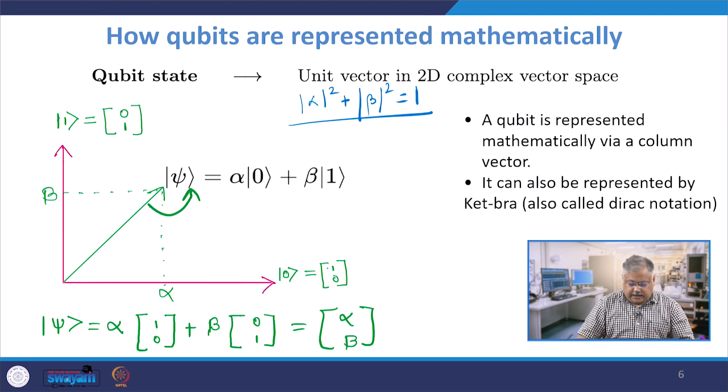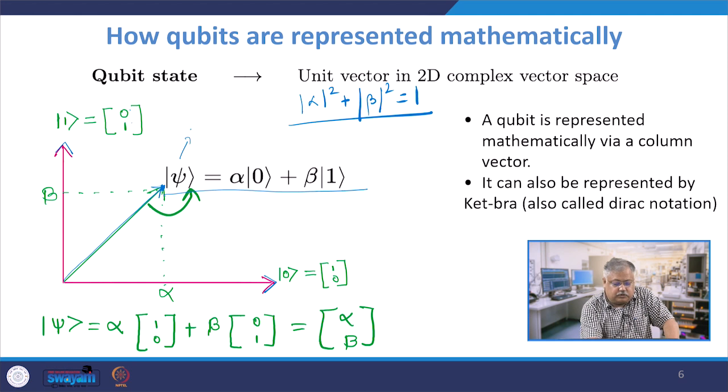I am trying to find the alpha beta value, and this is ket 0, which is 1 0, and this is ket 1, which is 0 1. If I draw a line, and this is the point where I am trying to find the value of the qubit, then it is given as, also referred to as an eigenvalue, right, alpha ket 0 plus beta ket 1, right.